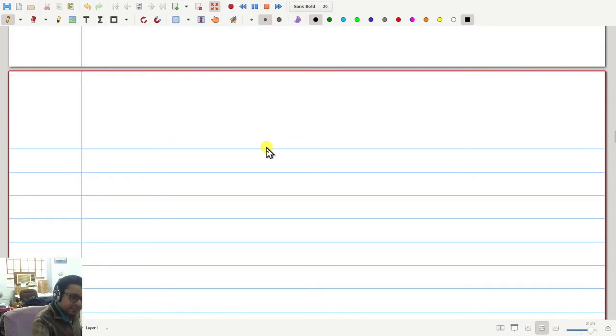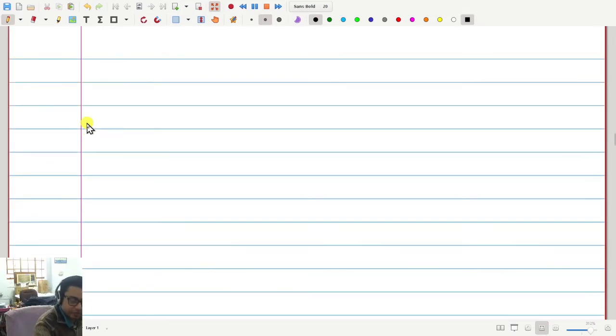So let us now learn some general methods with which we can solve almost any electrical circuit. Suppose I have a circuit like this.